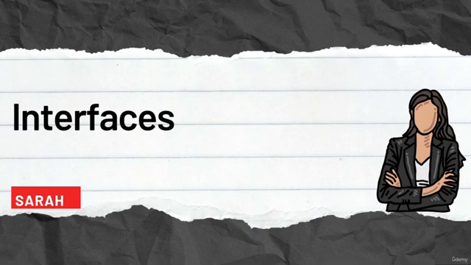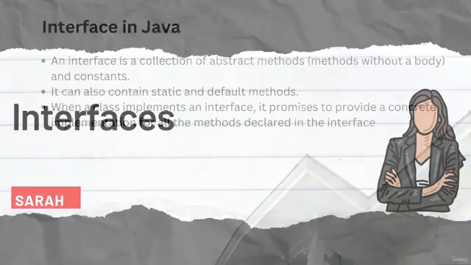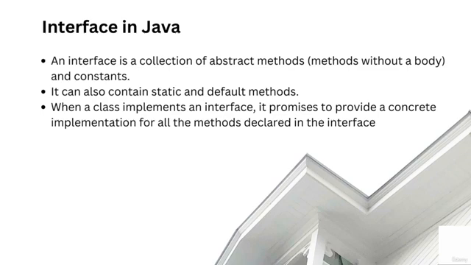Next, we'll look at what interfaces are in Java and how to implement them. An interface in Java is a reference type which is similar to a class, but it can only contain constants, abstract methods, which are methods without a body, and static and default methods. The methods that contain implementation are default and static methods.